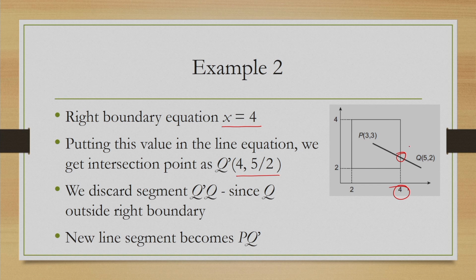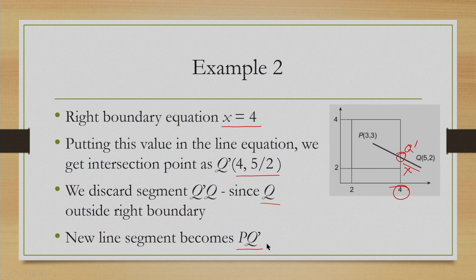Now, let us call this Q dash. Since the line crossed the boundary, Q dash Q is outside the boundary because Q is outside. So, this segment is discarded and the new line segment becomes P Q dash.